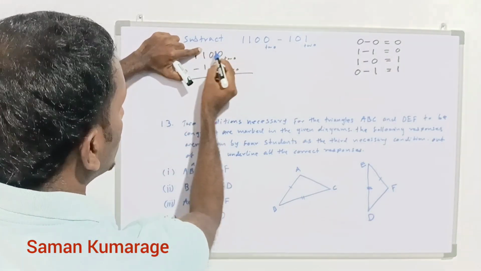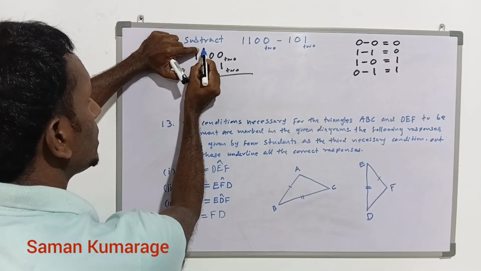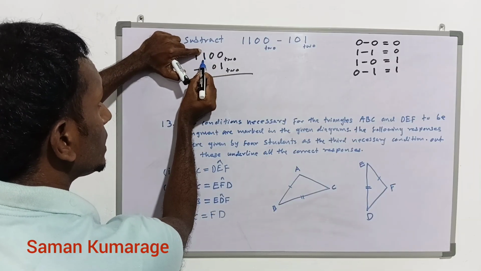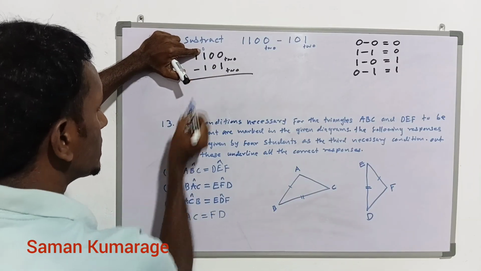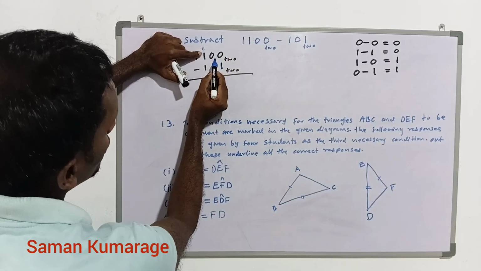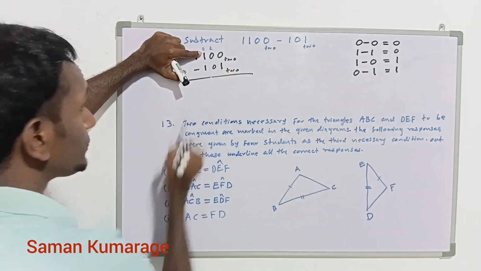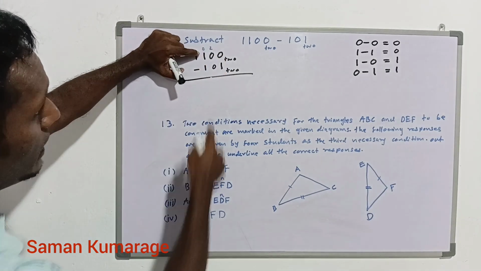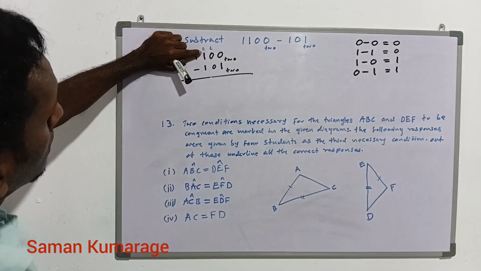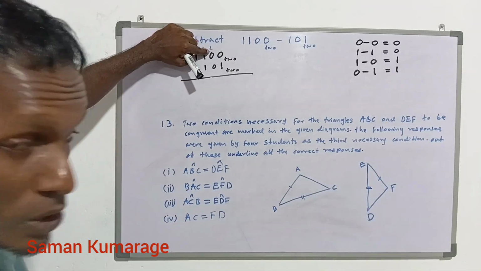We borrow 1 to this column. Then the value of this place becomes 0, and when this 1 moves to the next column, it becomes 2.